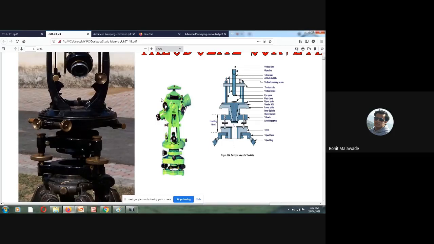Again, I'll repeat: this particular portion, the horizontal plate, we use to measure the horizontal angle between the two points. Horizontal circle is for horizontal angle, vertical circle is to measure the vertical angle. That much you have to remember as of now.